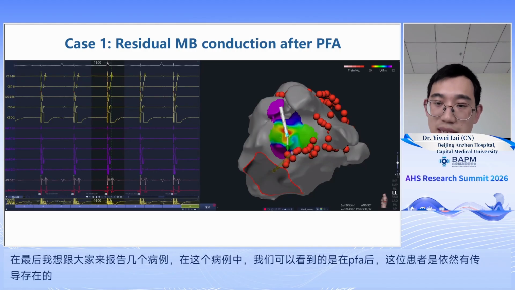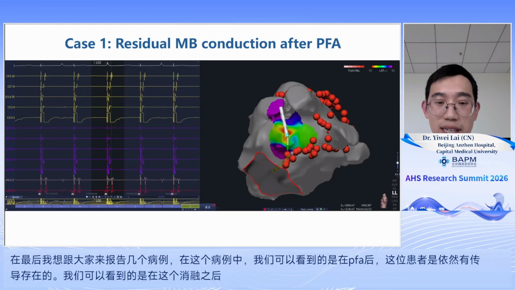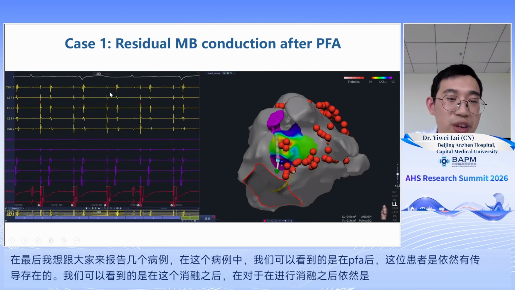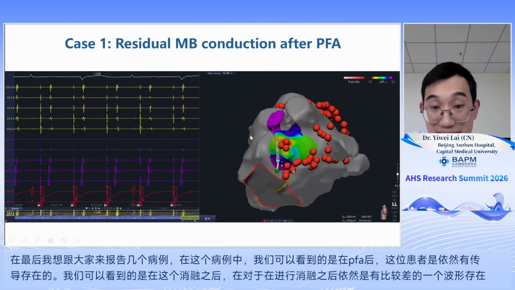And activation mapping revealed the breakthrough in the mitral isthmus, which indicates the presence of epicardial fiber. After the breakthrough site ablation, we observed a prolongation of the FA interval in this case. If we only focus on the coronary sinus activation, the mitral line will seemingly be blocked.